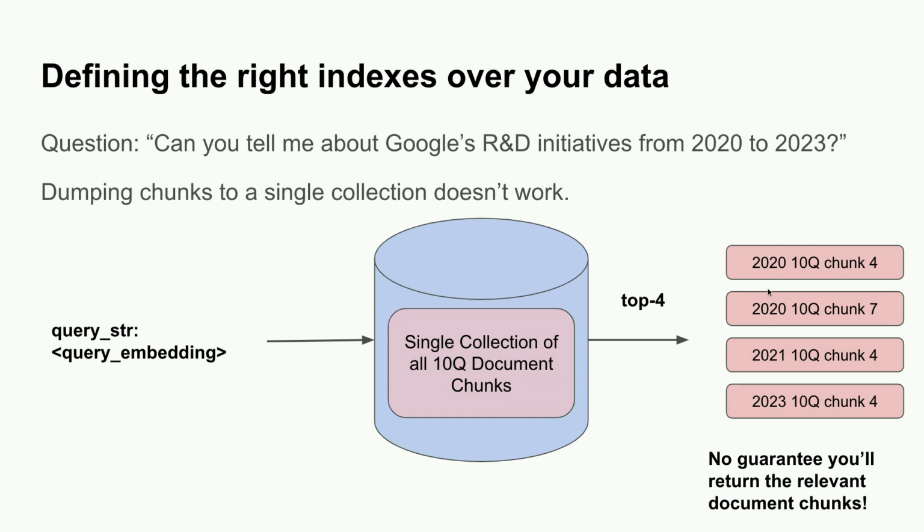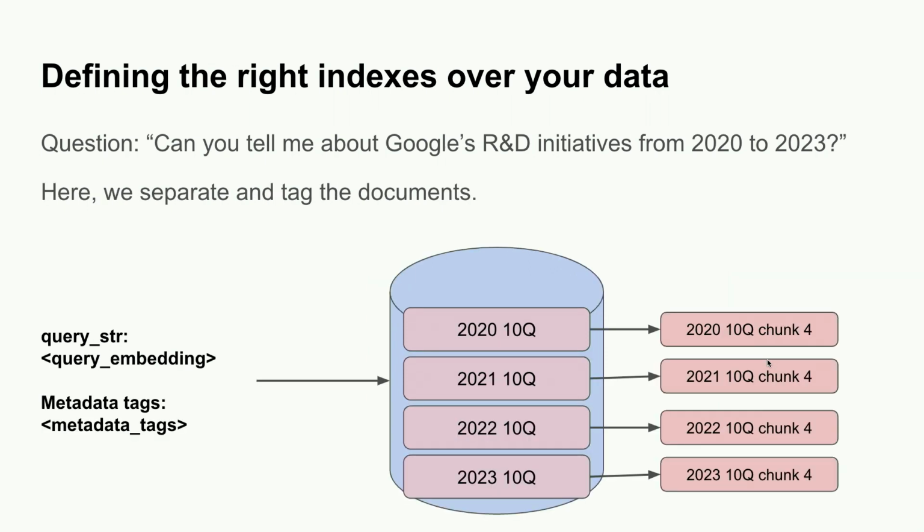You're probably going to get back a bunch of random chunks. Some of them might be 2020, some might skip a year entirely, some might be 2023. And so the idea here is that by defining some sort of structure over the way you store the data, you can inform the retrieval and get outputs in a more structured manner, right?